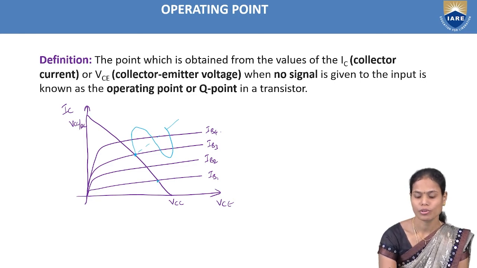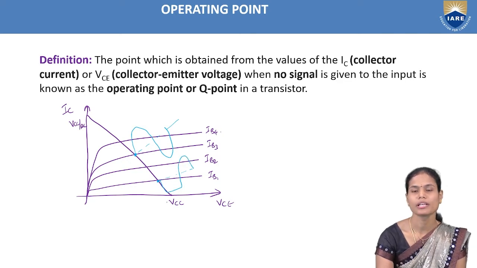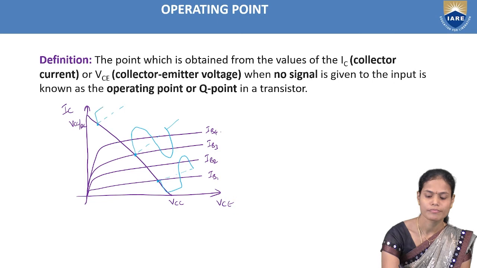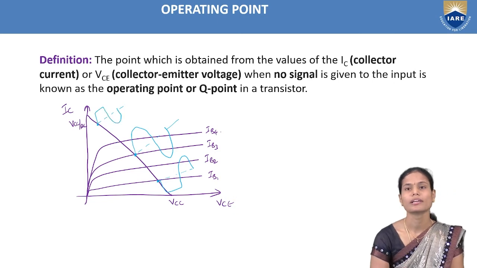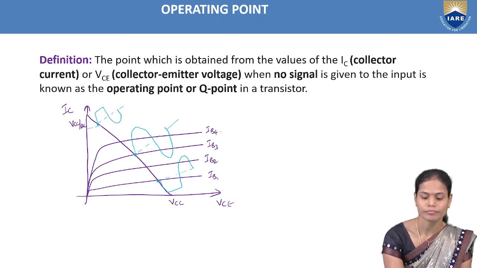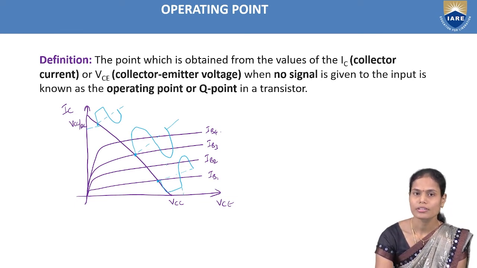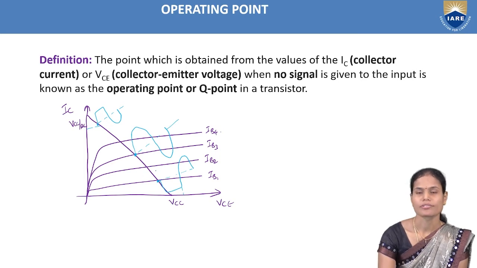Suppose my operating point is lying here. In this case, what will happen? Some amount of signal may be clipped off here, or if I choose here, some amount of signal may be clipped off here. Because of that reason, the operating point should lie in the active region of the transistor.